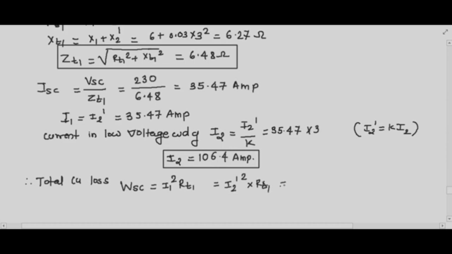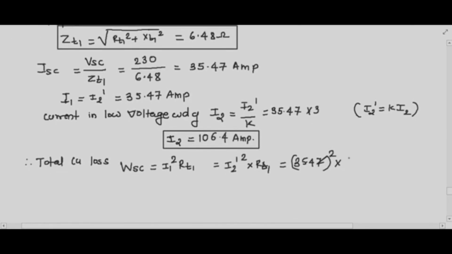What is I2 dash? 35.47 whole square into RT1, which is 1.65, I think. So WSC you will get as 2076 watt.